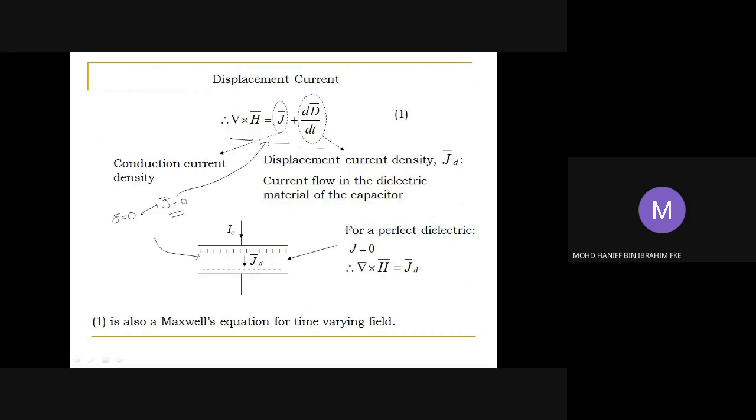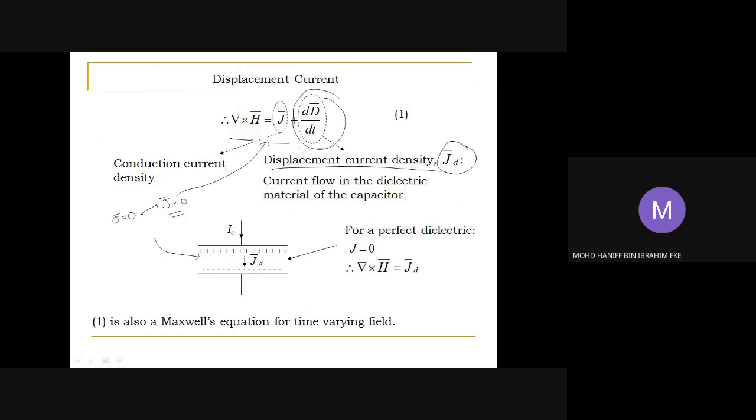So when J equals 0, the current said to exist in this dielectric is actually the current produced from the time-varying electric field. And this current is what we call the displacement current density, with the symbol vector J_D.